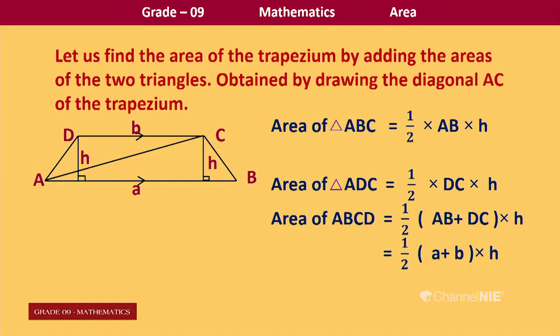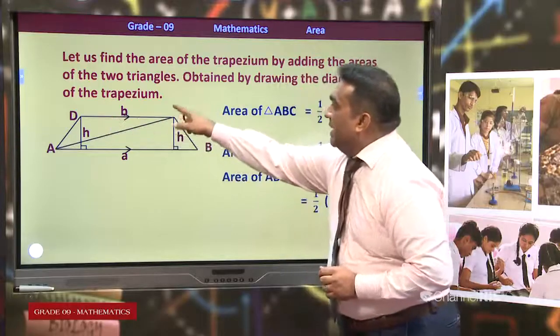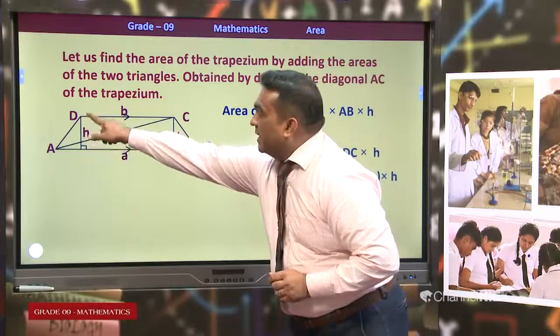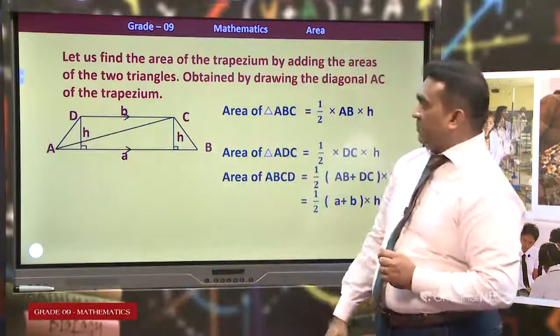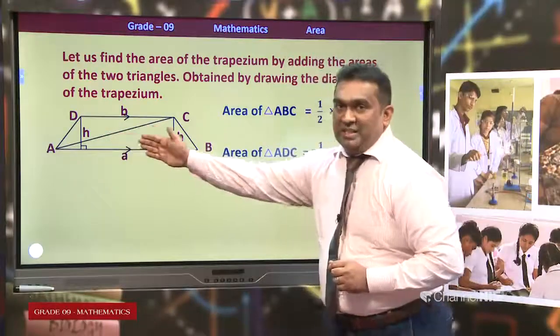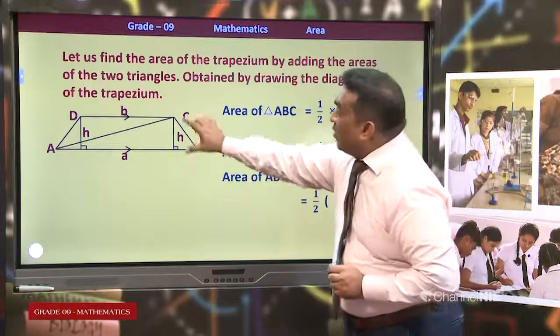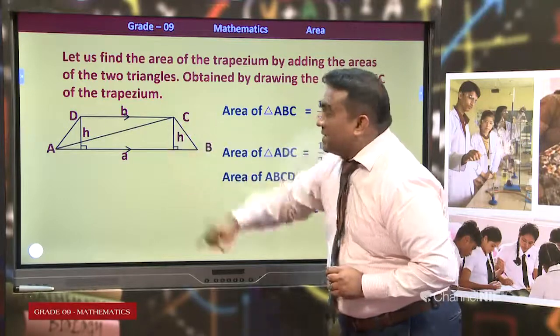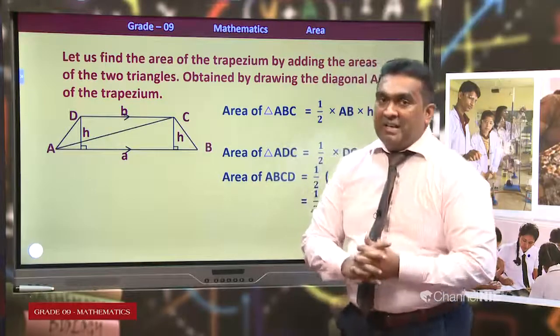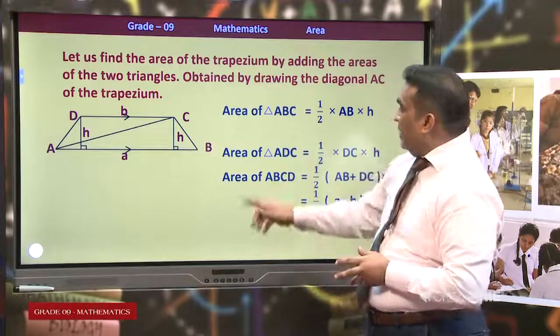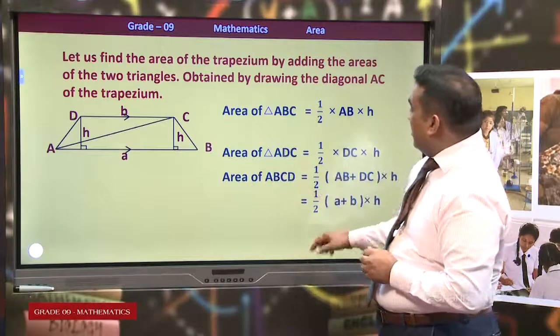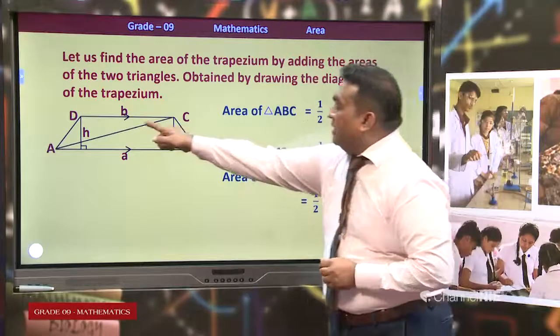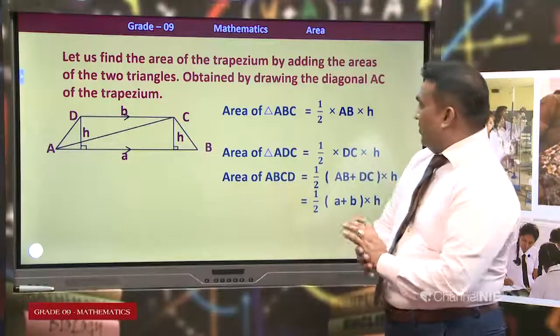If you consider triangle ADC, you can see that DC is the base, and this is the perpendicular height h. h is constant, the gap doesn't change, because AB and CD are a pair of parallel lines, right? Now, area of triangle ADC is equal to half into DC into h.